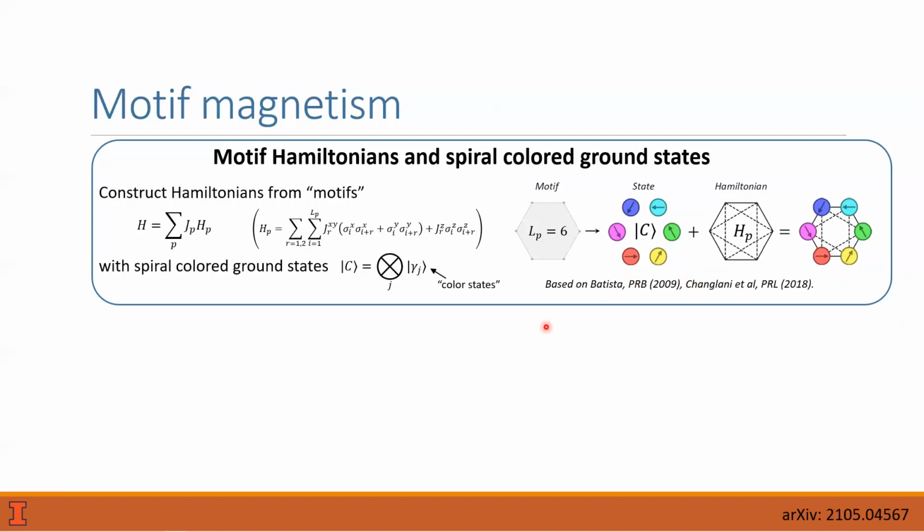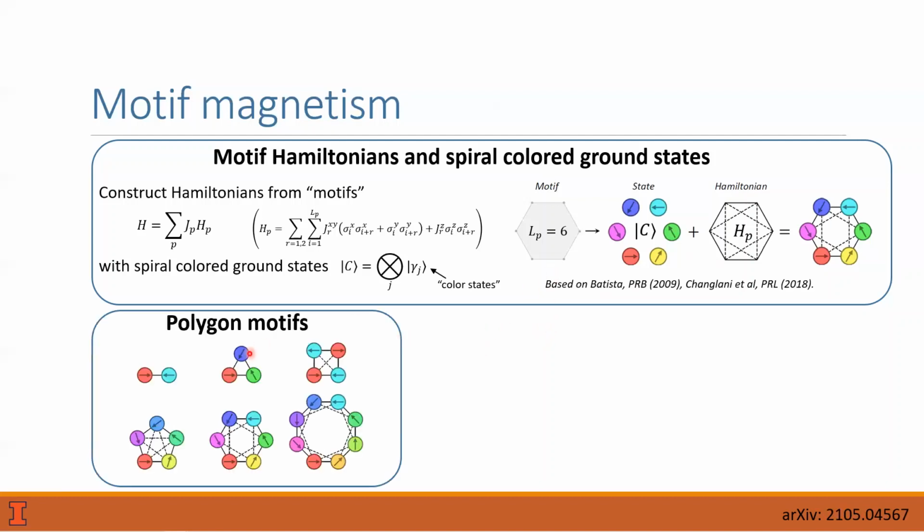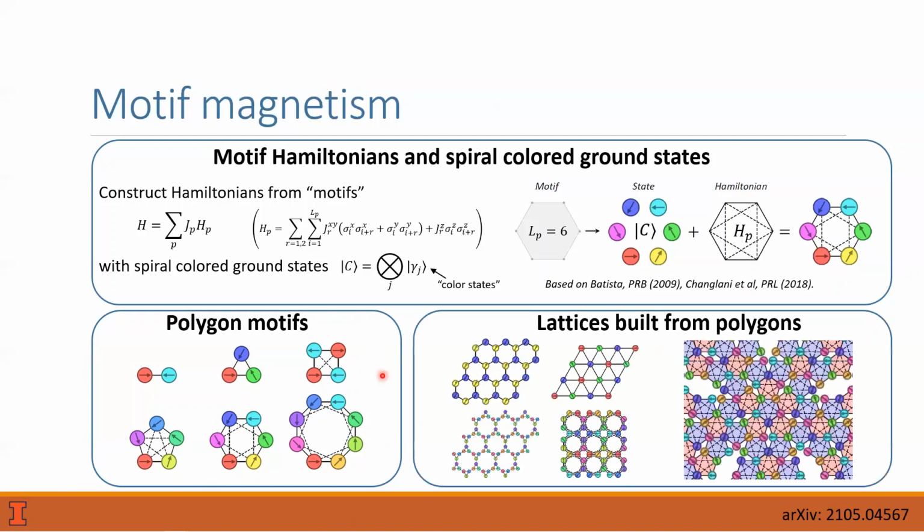So these motifs don't have to be built out of 6 spins. They can be built out of different numbers of spins. So here are examples like a motif made of 2 spins, 3 spins, 4 spins, etc. And just by pasting them together, you can make larger lattices. And because of the way these Hamiltonians are constructed, you know exactly what the ground state is by construction.